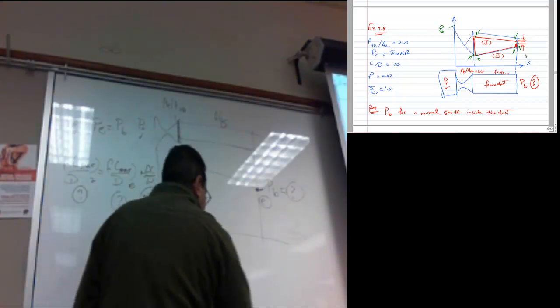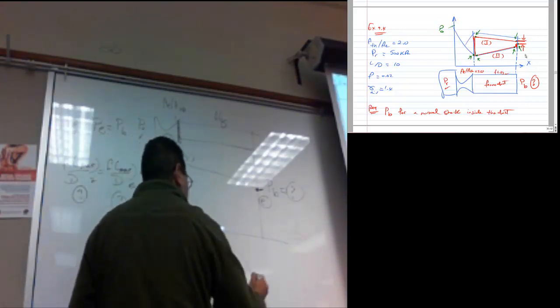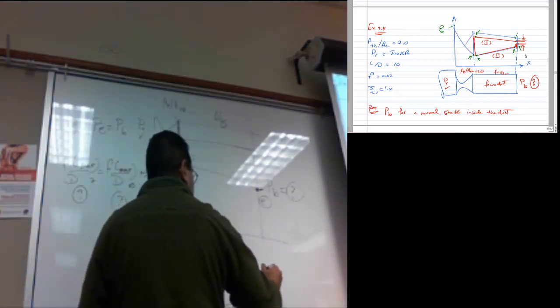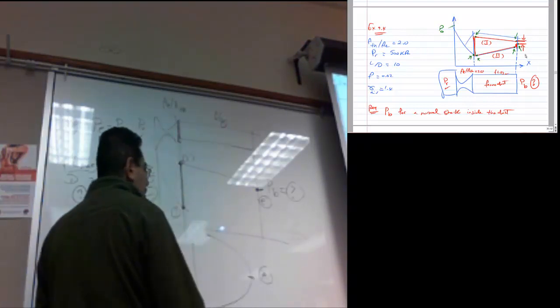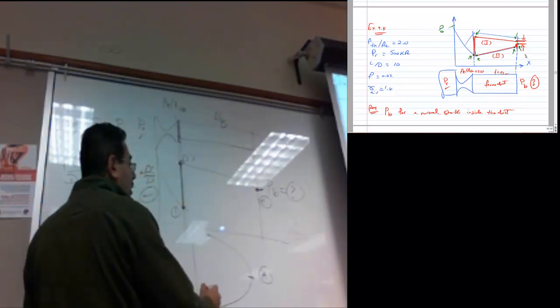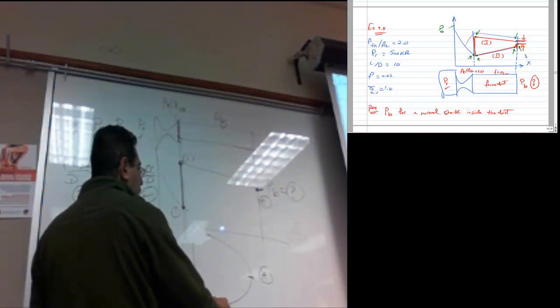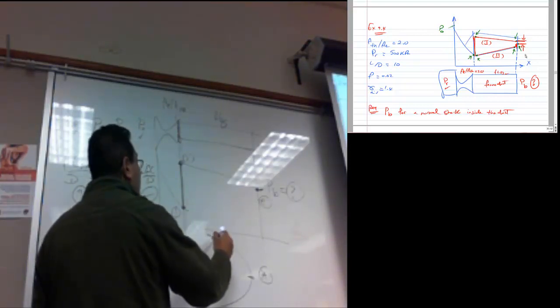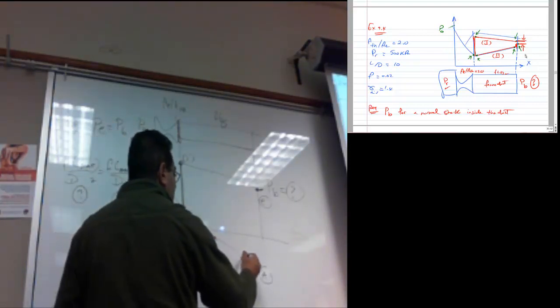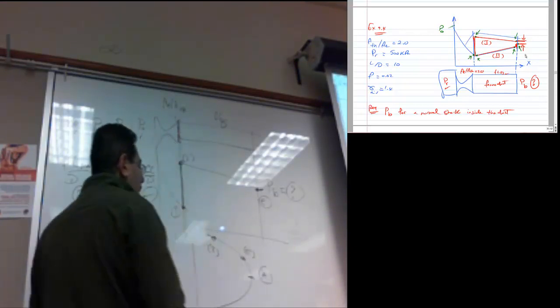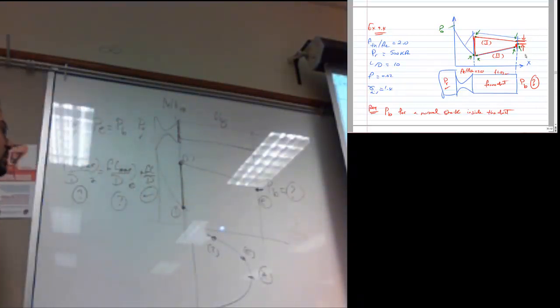And by the way, how does the diagram look? It'll be something like this, and that's the star condition. Supersonic turned into subsonic. So this is 2, and this is E somewhere over here. I don't know if that's going to go to star or not.